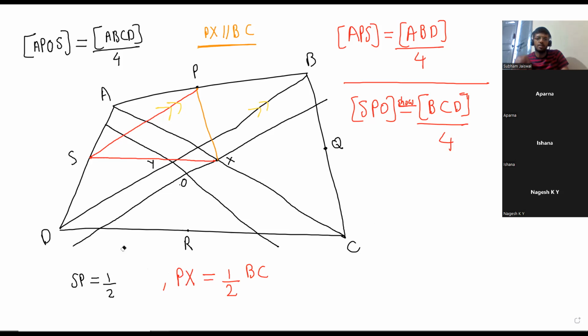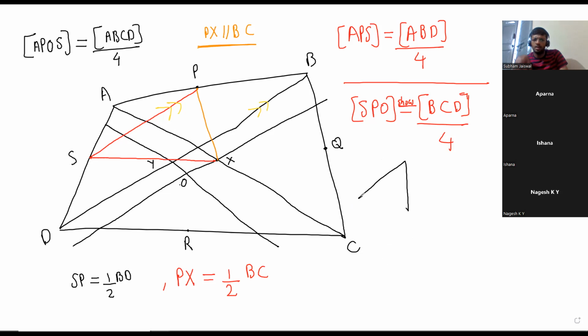No need to write this. You can just draw your separate picture.